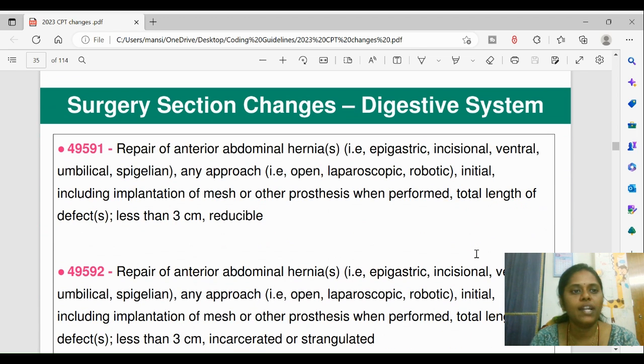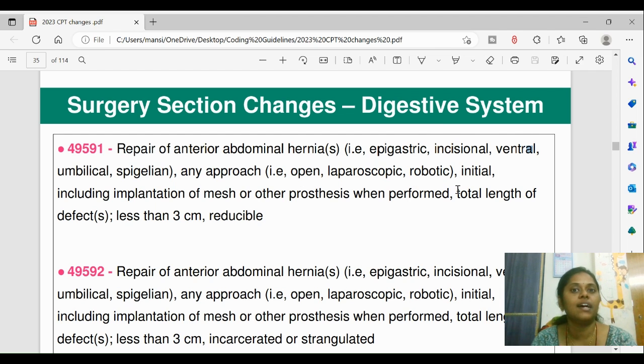See, 49591, if you read: repair of anterior abdominal hernias. Anterior abdominal hernias include epigastric, incisional, ventral, umbilical, spigelian. Any approach means all these types of hernias, open or laparoscopic or robotic.